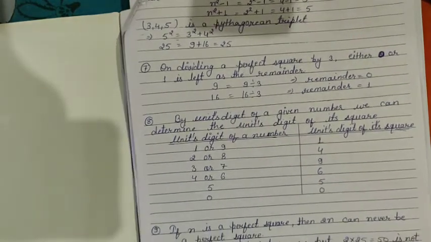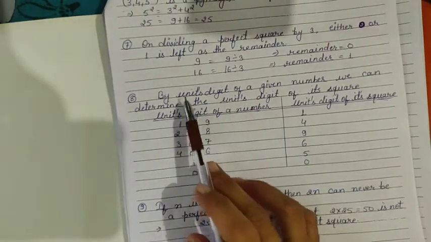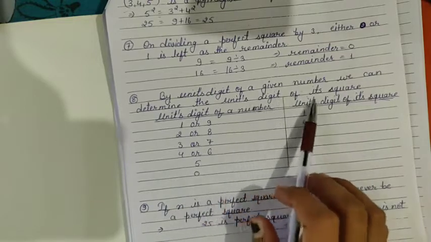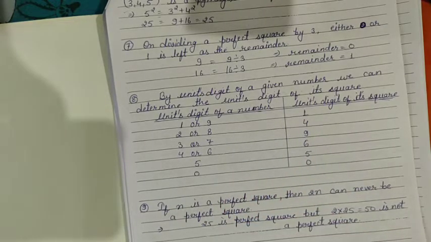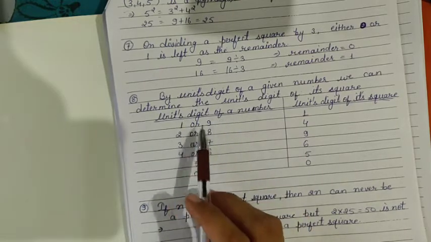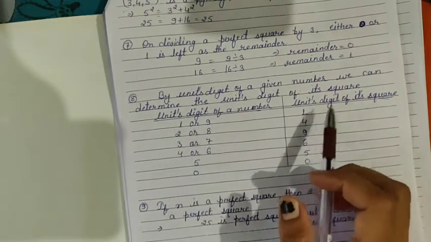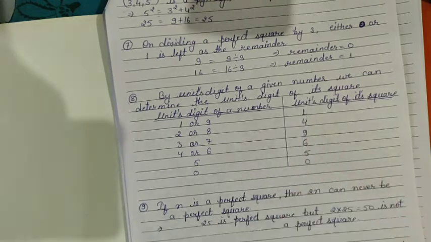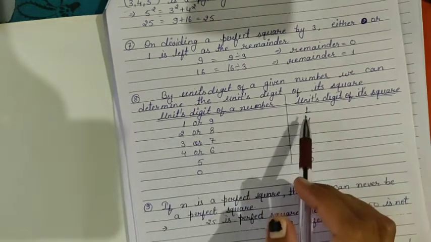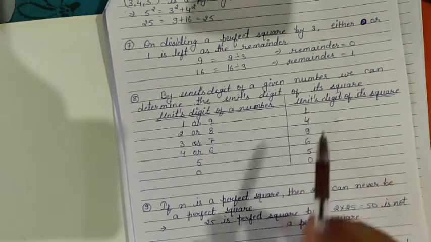Okay. Now, next property. By the units digit of a given number, we can determine the units digit of its square. If the units digit of a number is 1 or 9, then the units digit of its square will be 1. If the units digit of a number is 2 or 8, then the units digit of its square is 4.